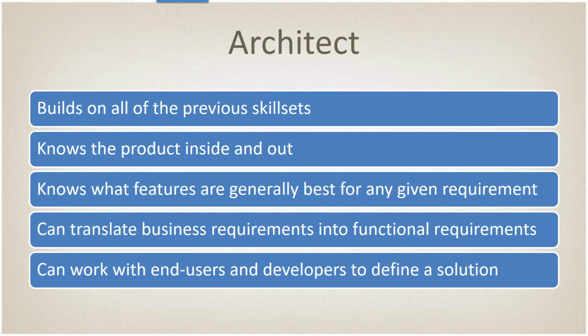So if you have a requirement for a piece of automation, well, is that going to be a plugin or is it going to be JavaScript? Can we get by with a business rule or do we need JavaScript? All of these little things need to be taken into account. And at the end of the day, you're the one who decides, okay, given the requirements of the business and the resources we have allocated to make it happen, this is the choice we're going to make. So that's really where the architect comes into play.